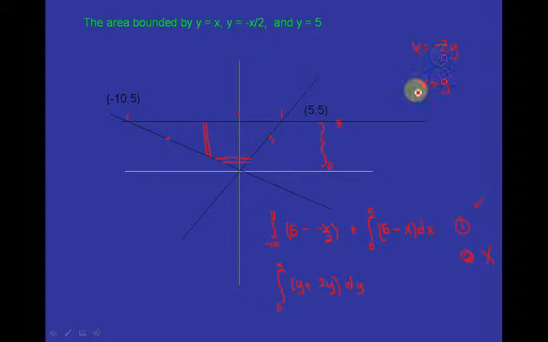So if I subtract this one, y minus a minus 2y, it indeed is the correct integral.